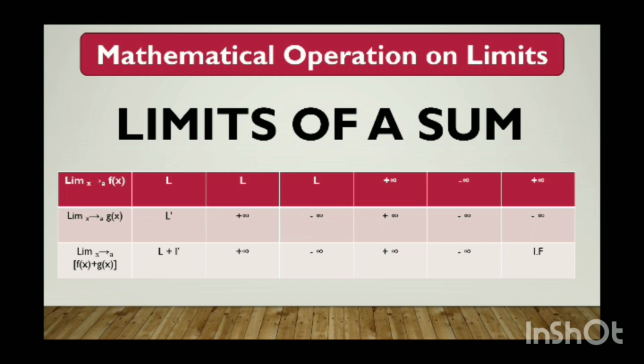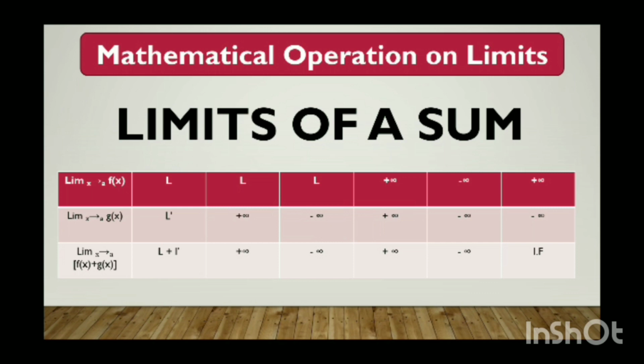Now if the limit of f of x is L and the limit of g of x is L prime, then the limit of f of x plus g of x will be L plus L prime. You just add the two limits. Now if the limit of f of x is L and that of g of x is positive infinity, then we are adding something positive to positive infinity, which remains positive infinity.